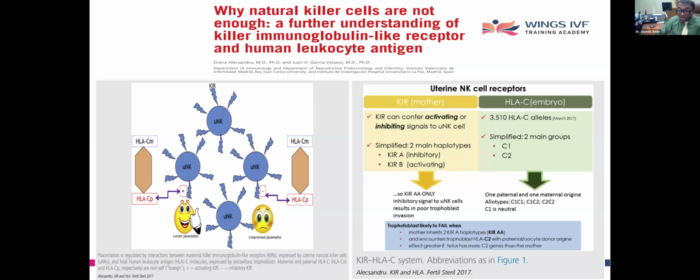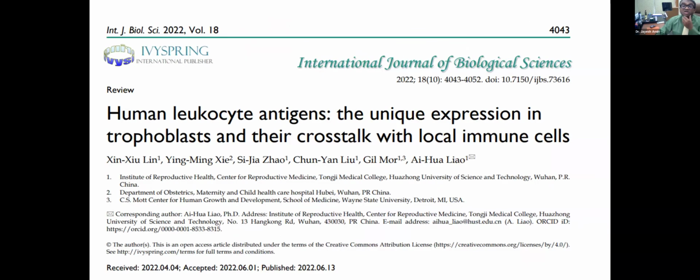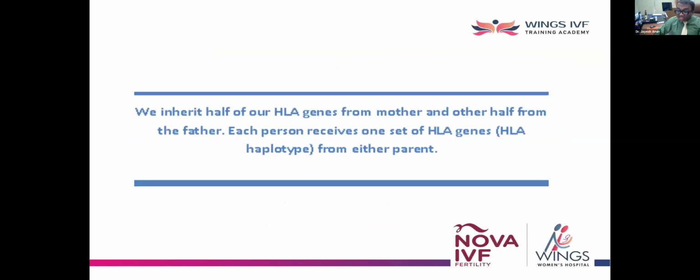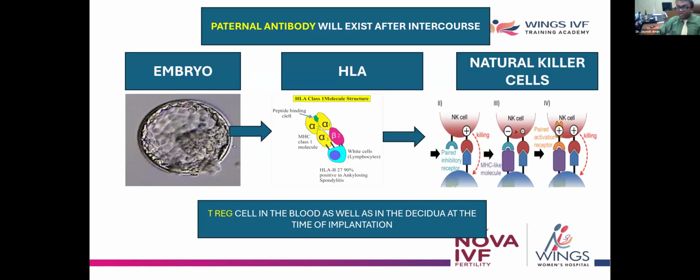Again, I'm saying that beyond the natural killer cell, the crosstalk can be open. What exactly? Identification of the cell is called the HLA system. In the embryo, 50% of the HLA comes from the father and 50% from the mother. Now, this is the embryo.